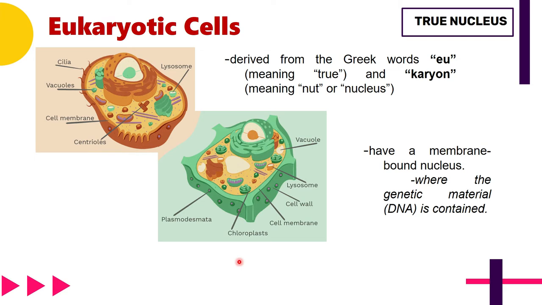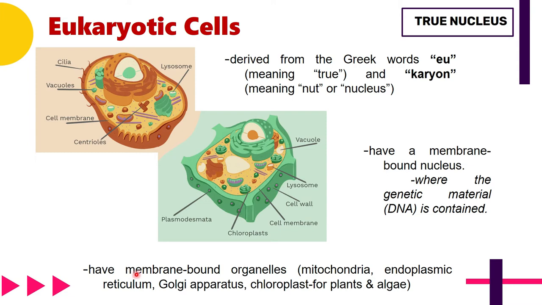So another characteristic of eukaryotic cells is that they have membrane-bound organelles. So meaning ani, these organelles are either surrounded or covered by a membrane, or these organelles are made up of membrane. So example of membrane-bound organelles, we have the mitochondria. So unsa gitong mitochondria?